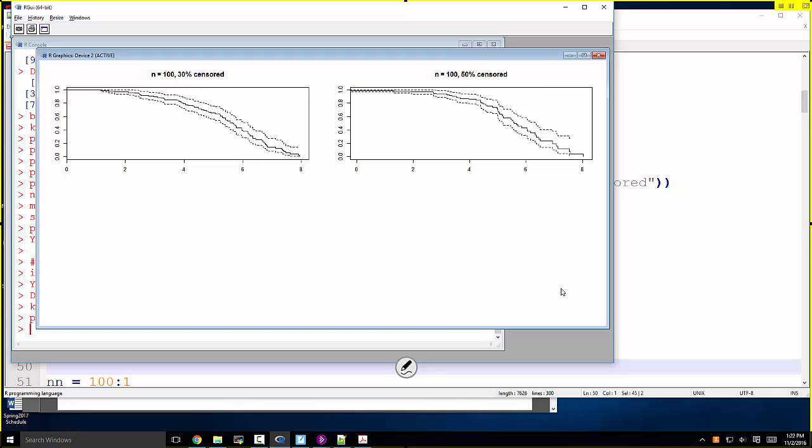What do we see? Kind of hard to see. But what we should have is that the survival curve estimate, the confidence bounds, I would expect to be a little bit wider, but it's hard to tell if they are. In the upper end of the time, it does look like the confidence bounds here are a little bit wider than they are here.